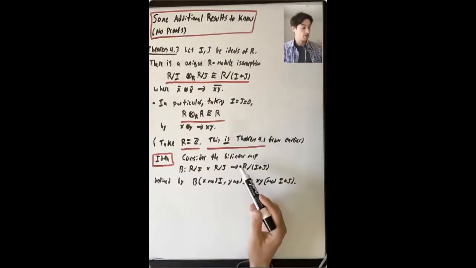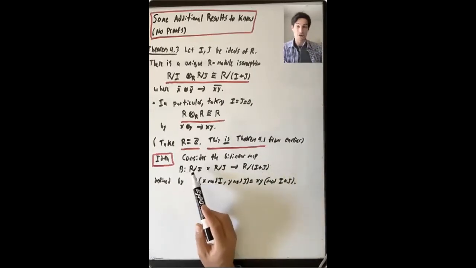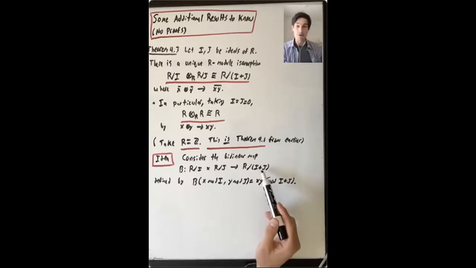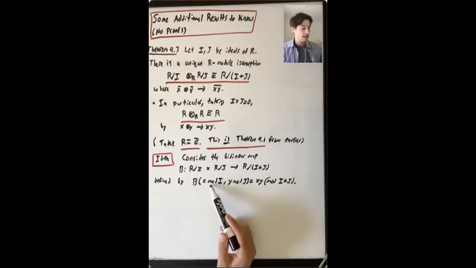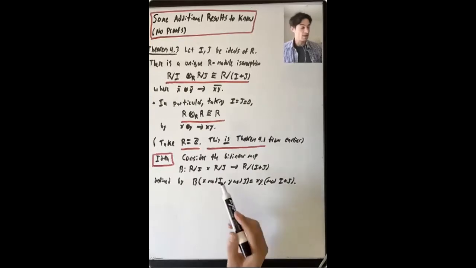So the key map to think about here is the bilinear map which goes from R mod I cross R mod J to R mod I plus J, defined by taking b of x mod I comma y mod J to xy mod I plus J. So it's this same reduce-and-multiply map that we saw in the special case where R equals Z earlier.